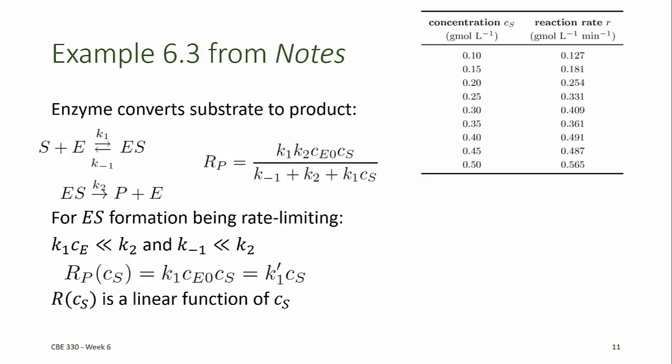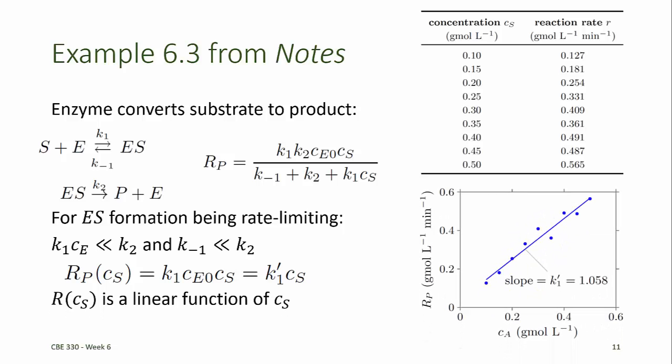Therefore, the rate is a linear function of the substrate concentration. In the example in the text, these data are fit using linear least squares regression to obtain the pseudo first order rate coefficient K1 prime.